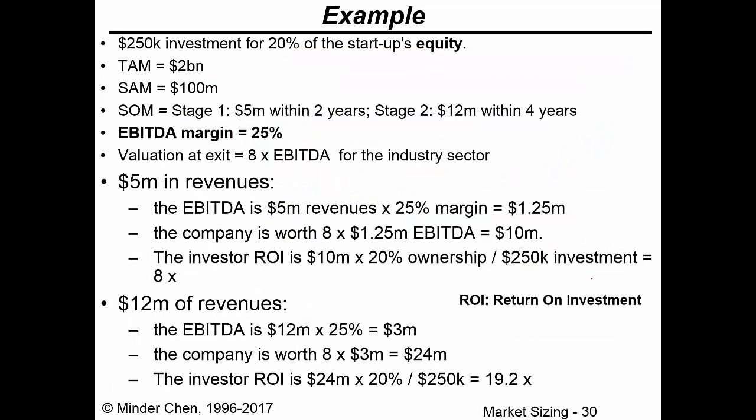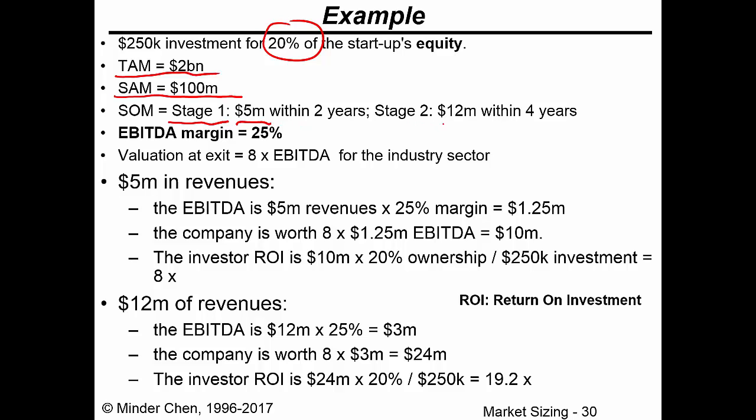So let's run the numbers. We know the formula. Okay, someone invests $250,000, gets 20% of your company, and the industry you're in, the TAM is $2 billion. The SAM is 5% of that, which is $100 million. And in 2 years, we call it stage 1, your SOM, your target market, is $5 million.